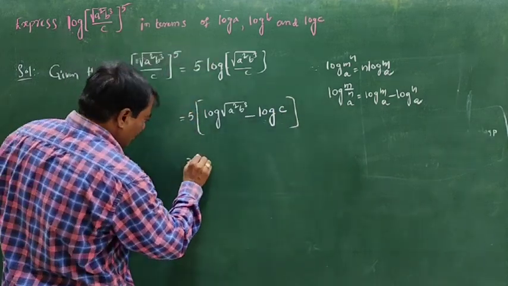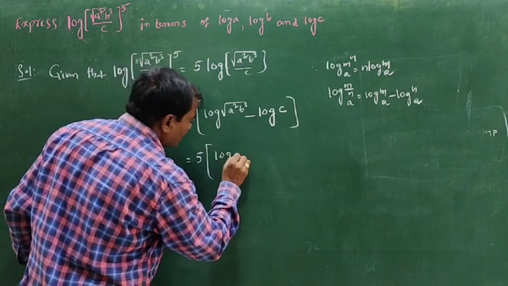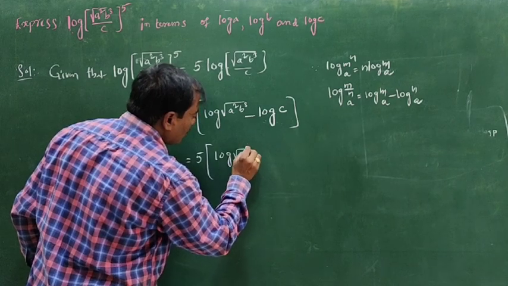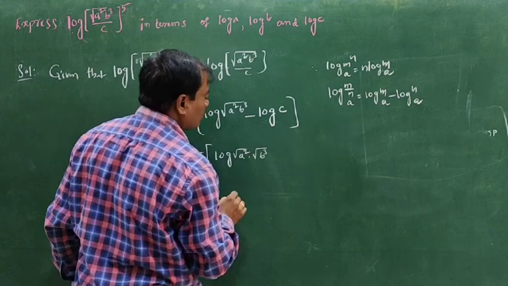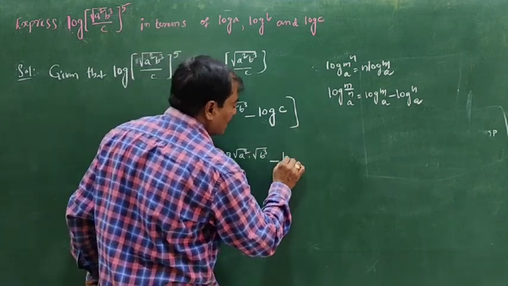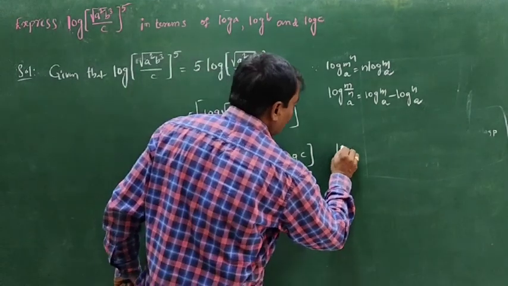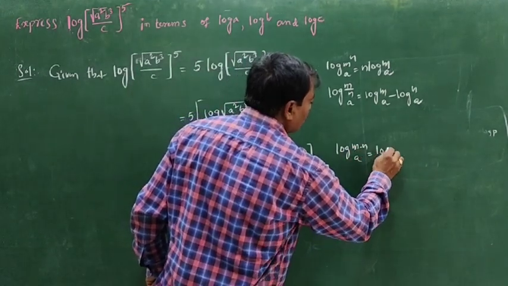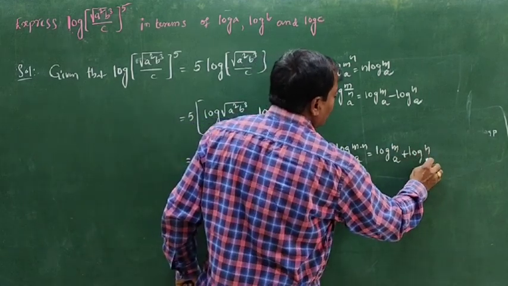Now this is equal to 5 log, it can be written as the square root of a square into the square root of b to the power of 3, minus log c. And this is in the form of log m into n to the base a equals log m to the base a plus log n to the base a.